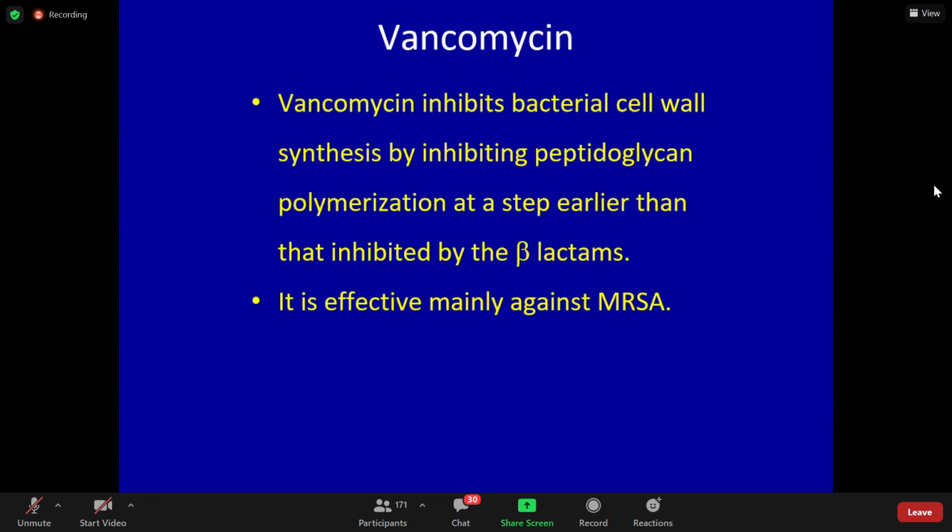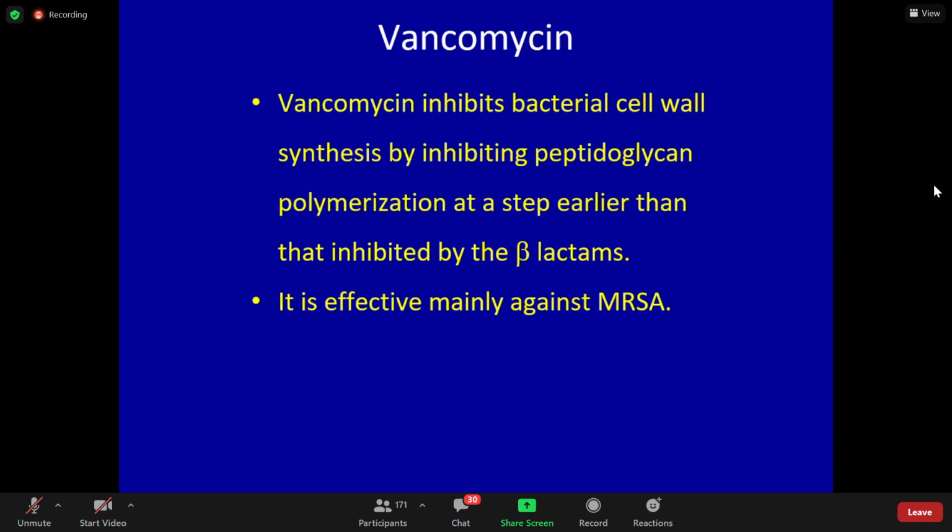Now, this is a very important concept, and ask me if you don't understand. One of the mechanisms of resistance against beta-lactams was that the drug must reach the target site in active form and bind with the receptors. And one of the mechanisms was not binding with the receptor, because the target proteins are changed.